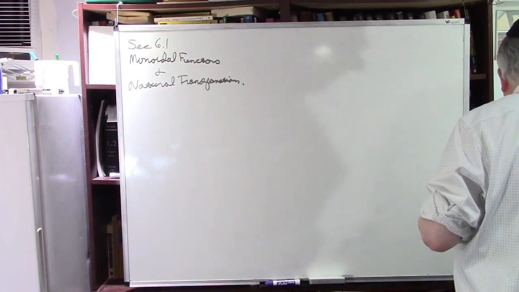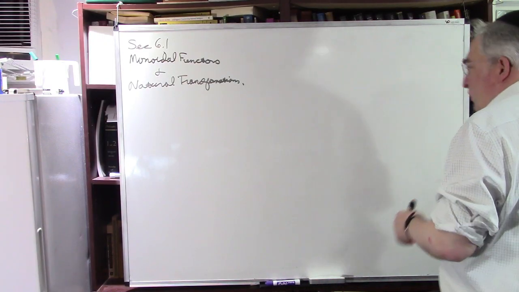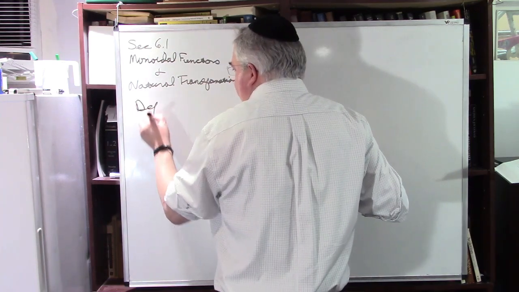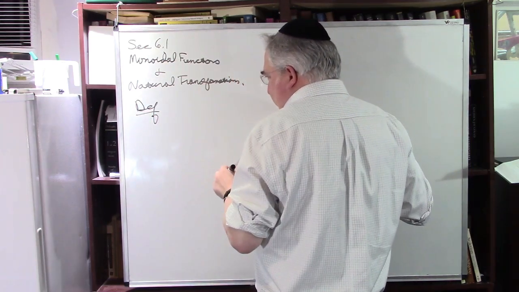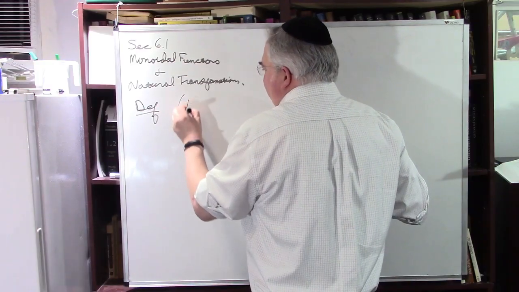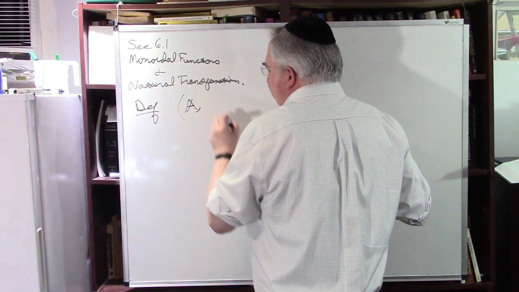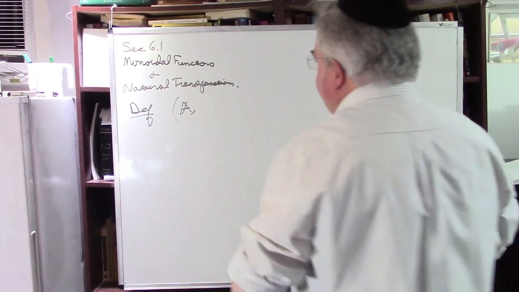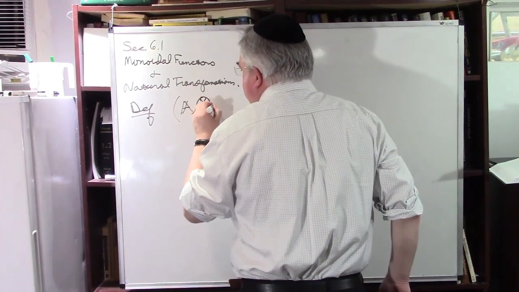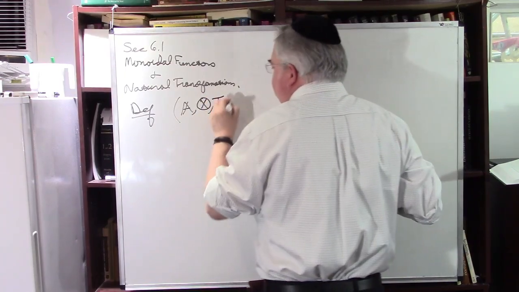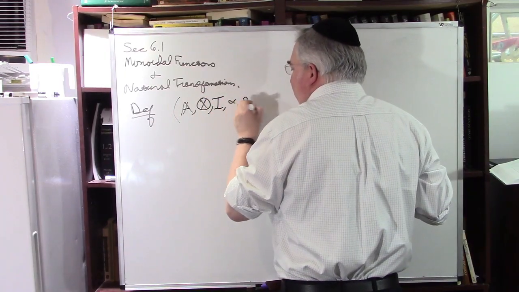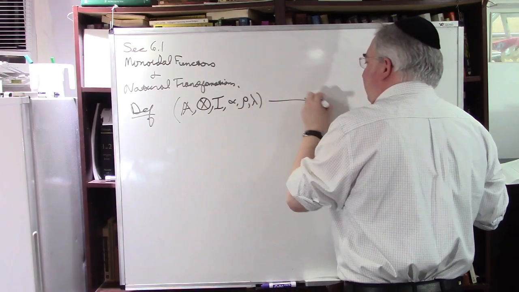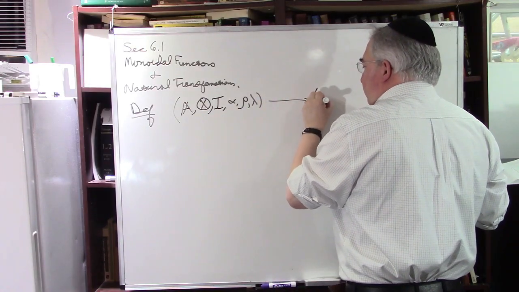The idea is as follows. What's a monoidal functor? Let's write this as a definition. You have a category with all the data of a monoidal category, and here's another monoidal category.